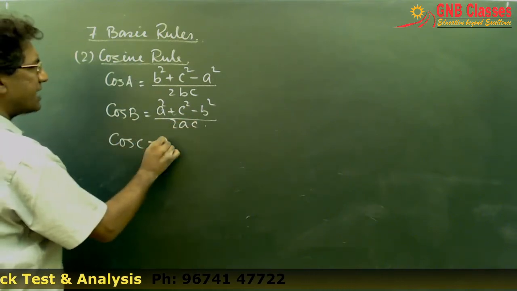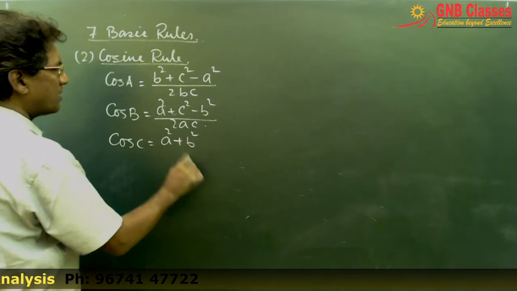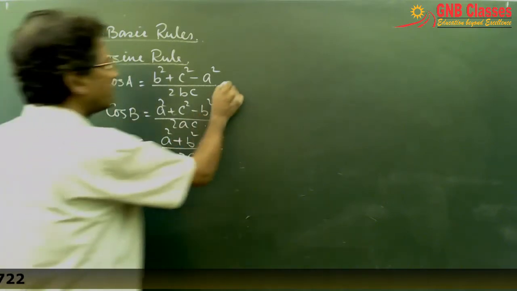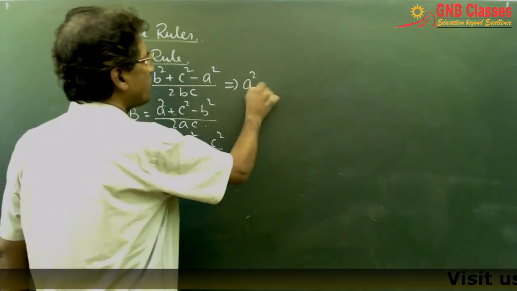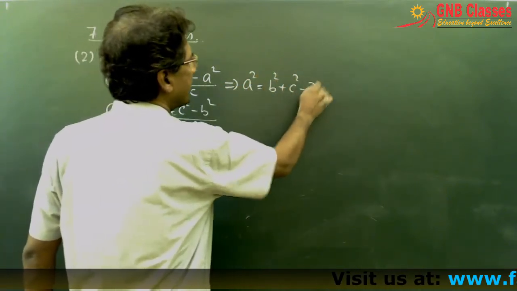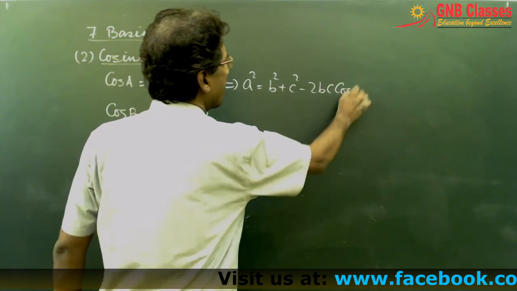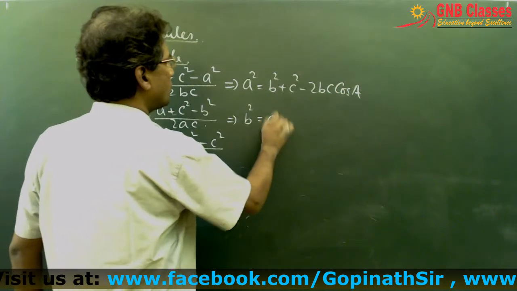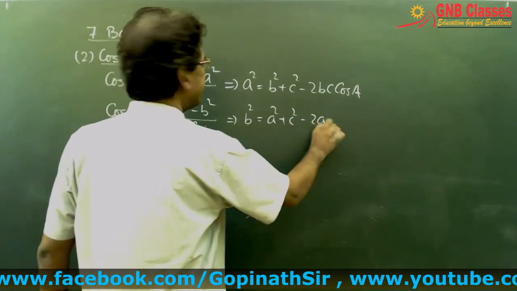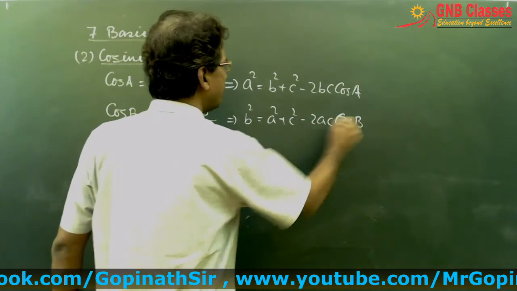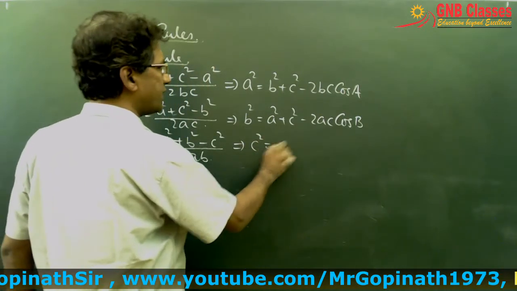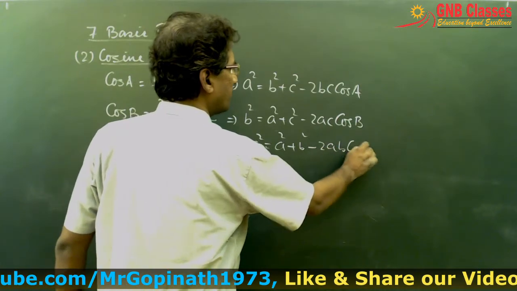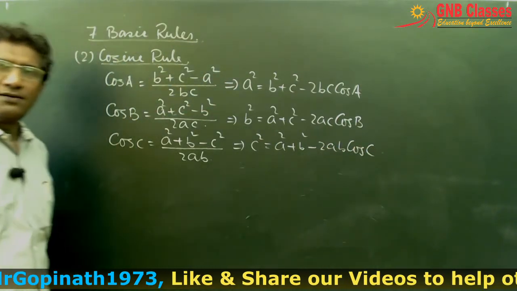And cos C can be written as a square plus b square minus c square divided by 2ab. From here we can write a square equals b square plus c square minus 2bc cos A. From here we can write b square equals a square plus c square minus 2ac cos B. And from here we can write c square equals a square plus b square minus 2ab cos C. Is it clear?